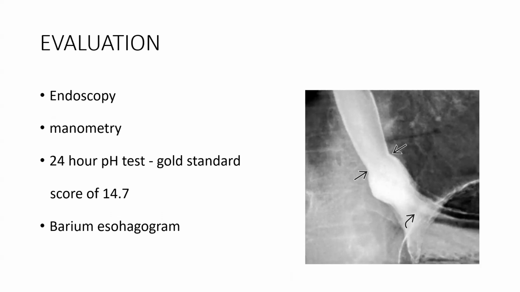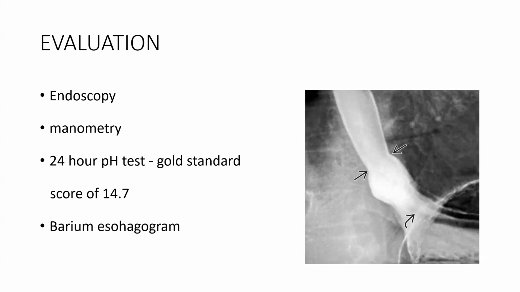The 24-hour pH test is the gold standard for diagnosing acid reflux. In this study, a probe is placed 5 centimeters above the gastroesophageal junction and it measures the amount of acid that passes in that region.